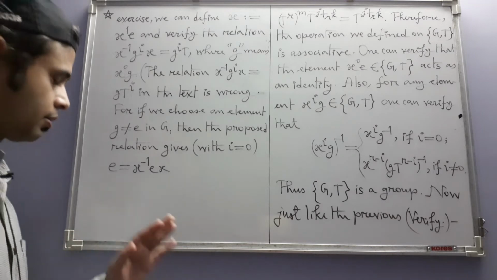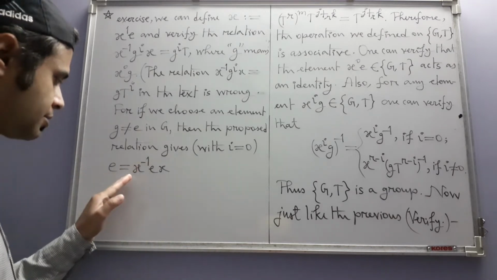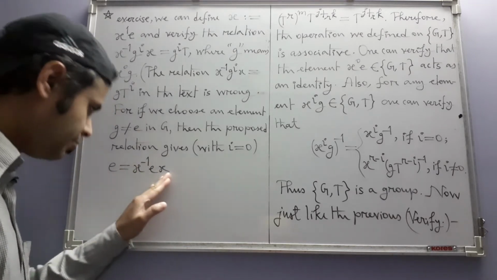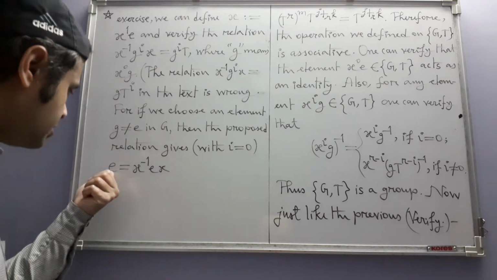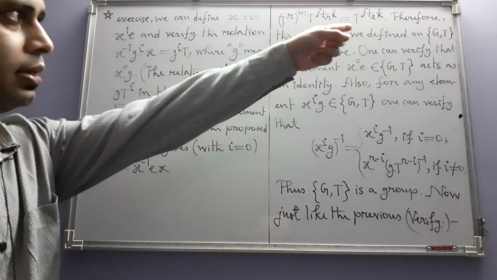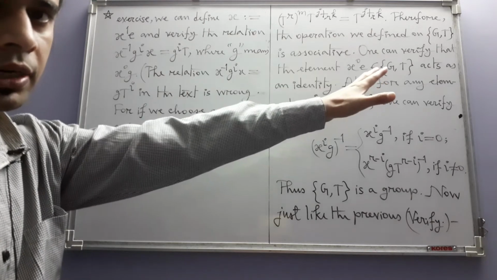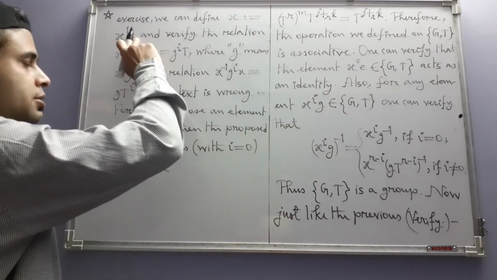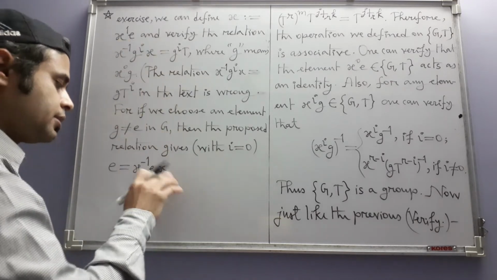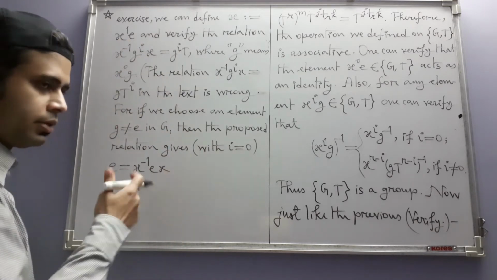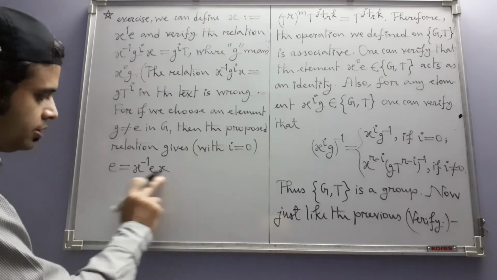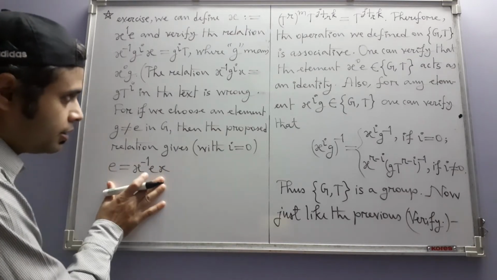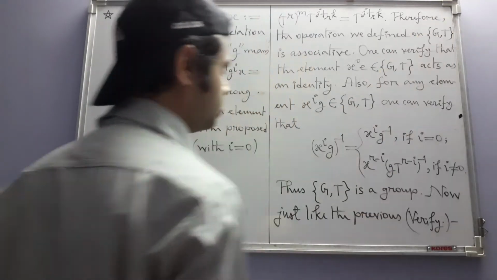You see, now this element makes sense. This e is the identity in our group that we have constructed just now. x is this symbol in the group. e is again an identity and x is just that. So this equation makes sense and it's an equation in this group.